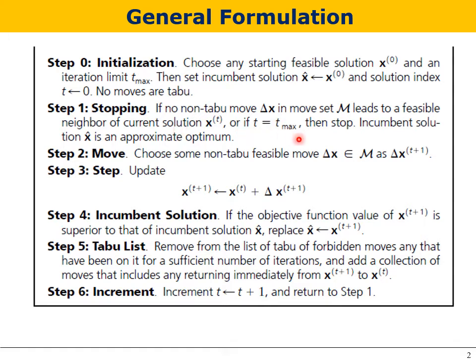The second condition for stopping is if you make the necessary number of steps of the algorithm, so you reached the stopping condition that we set initially, and we will talk about how to set this. Then we stop. When you stop, the best integer solution in your hand, which is the incumbent solution, is the solution provided by the Tabu search algorithm. Okay, so this is the stopping.